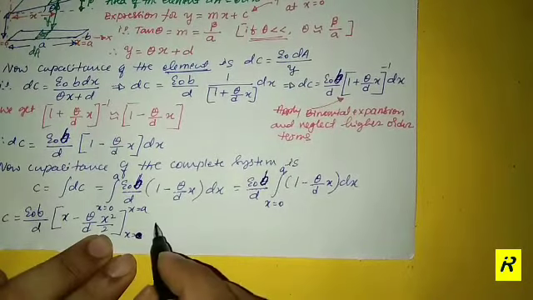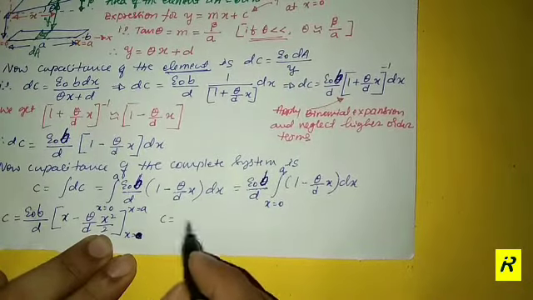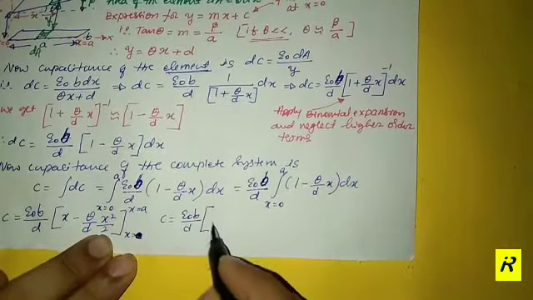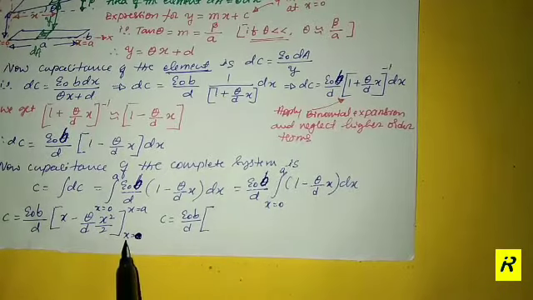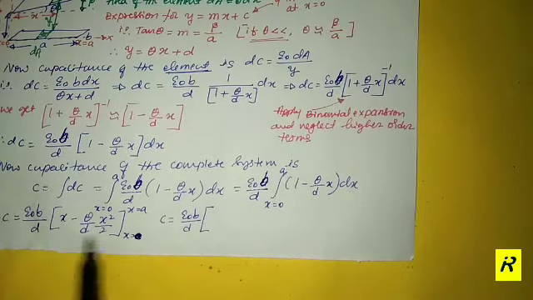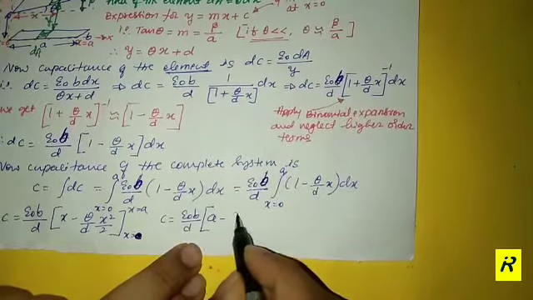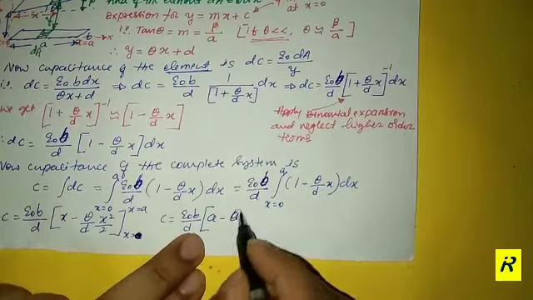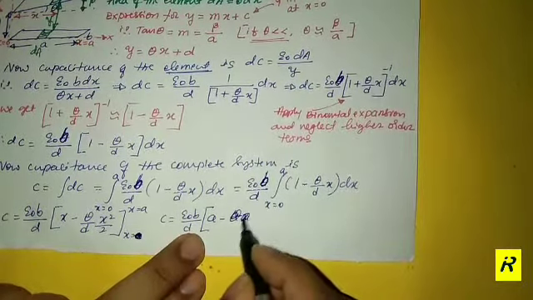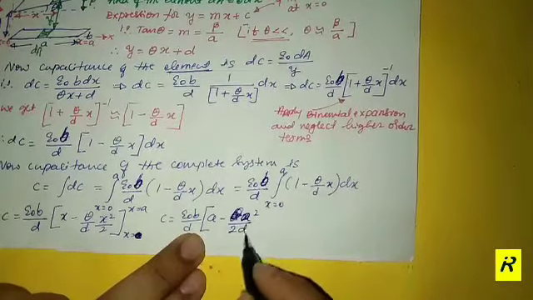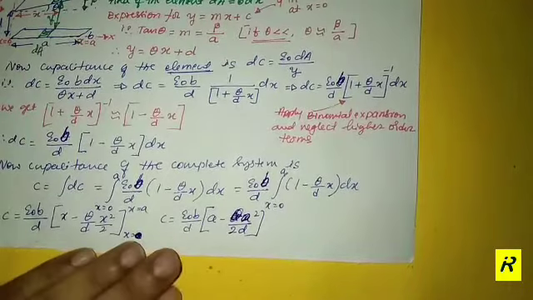So definitely C equals epsilon O into b divided by d, and in the bracket, when I put the values of x, the lower limit is luckily 0. So when I put the lower limit I get 0, and when I put the upper limit it will be a minus theta a square divided by 2d.